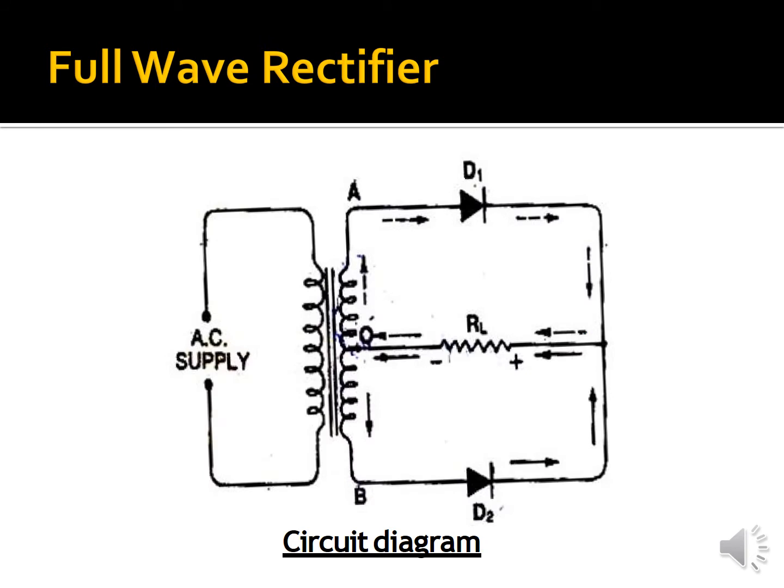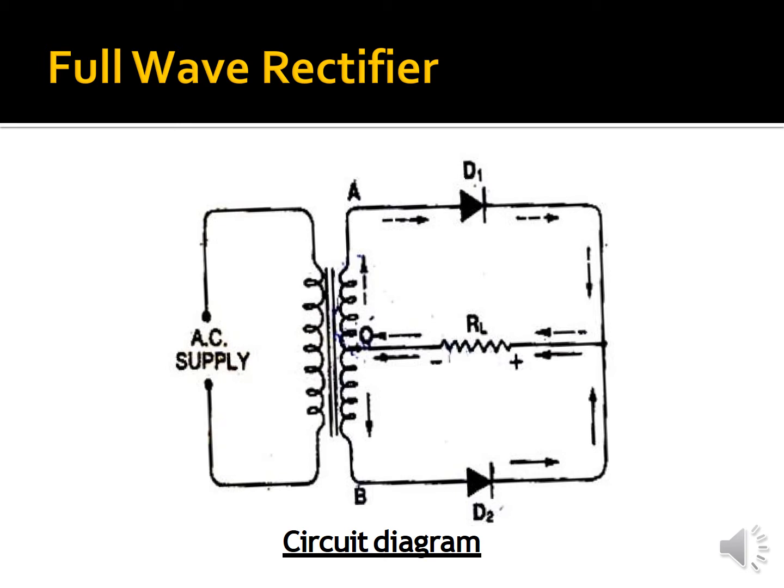Now you can see the full-wave rectifier. The only difference between the half-wave rectifier and the full-wave rectifier is that here we have two diodes. One diode is kept in forward bias and the other diode is kept in reverse direction. The AC supply from the transformer is given to these diodes.